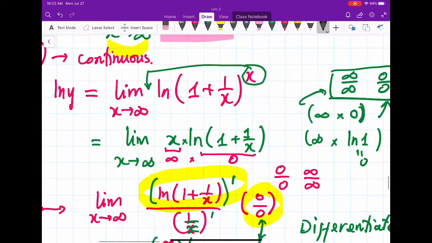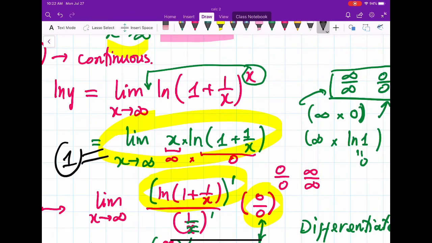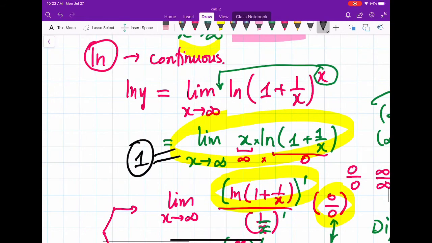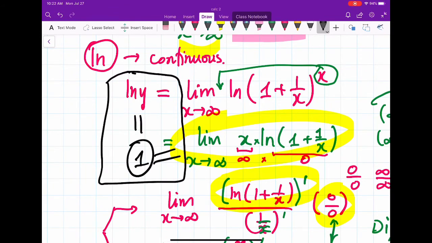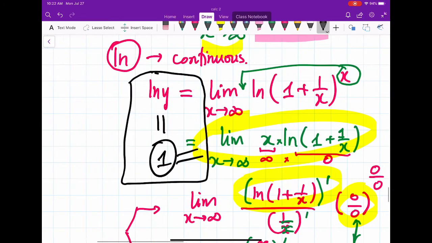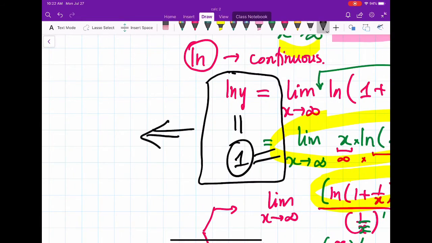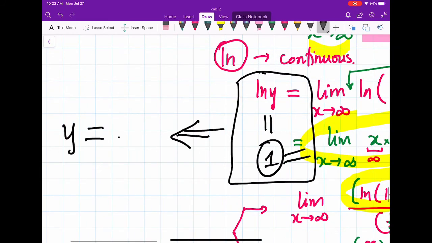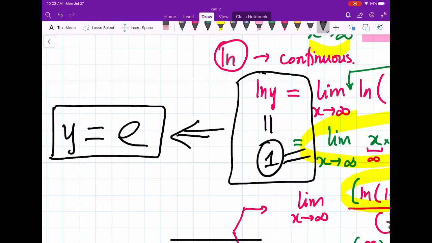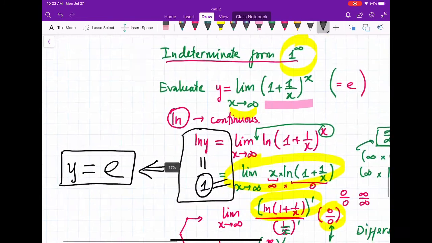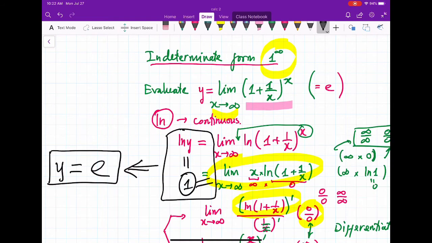That means this limit is equal to 1, right? That means ln of y is equal to 1. You see that? Ln of y equal to 1. And from here, since ln of y is equal to 1, you get y is equal to e. So what we have done, we proved that the limit of this guy is just equal to 2e.